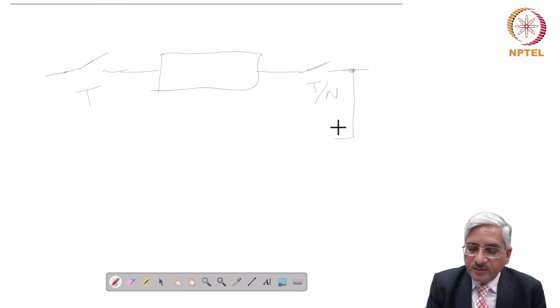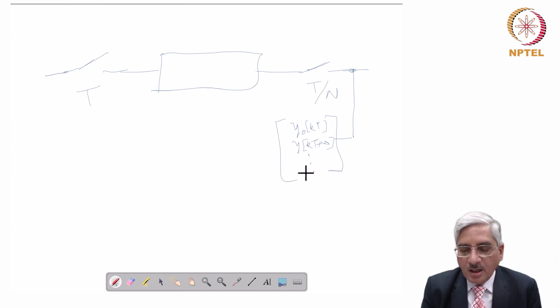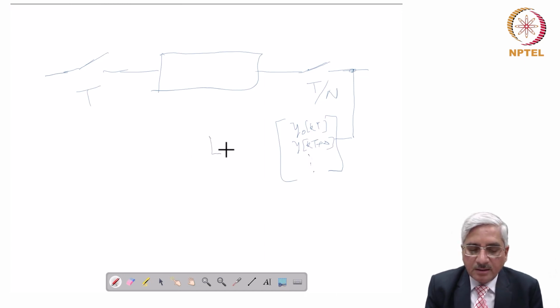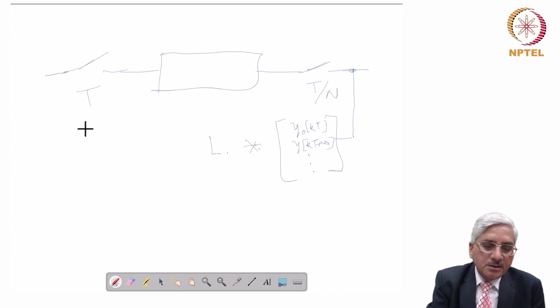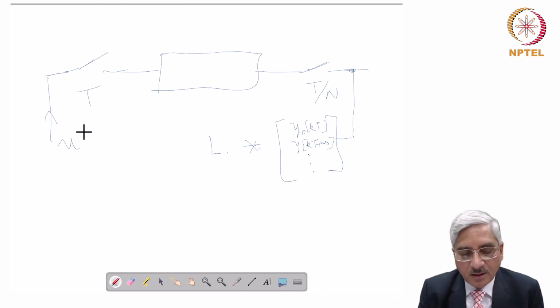Over the time, we get the stack of outputs: y at kT, y at kT plus delta, and so on. They are multiplied by L, and that serves as the input.